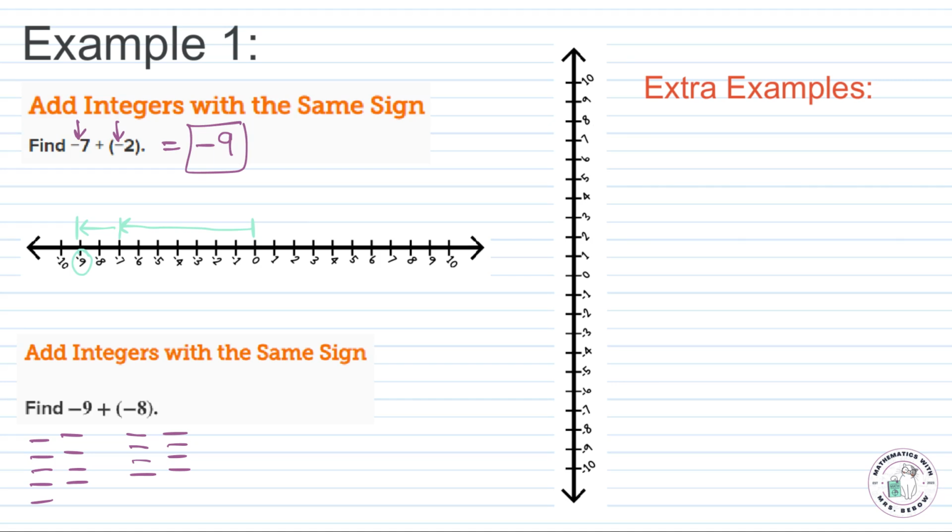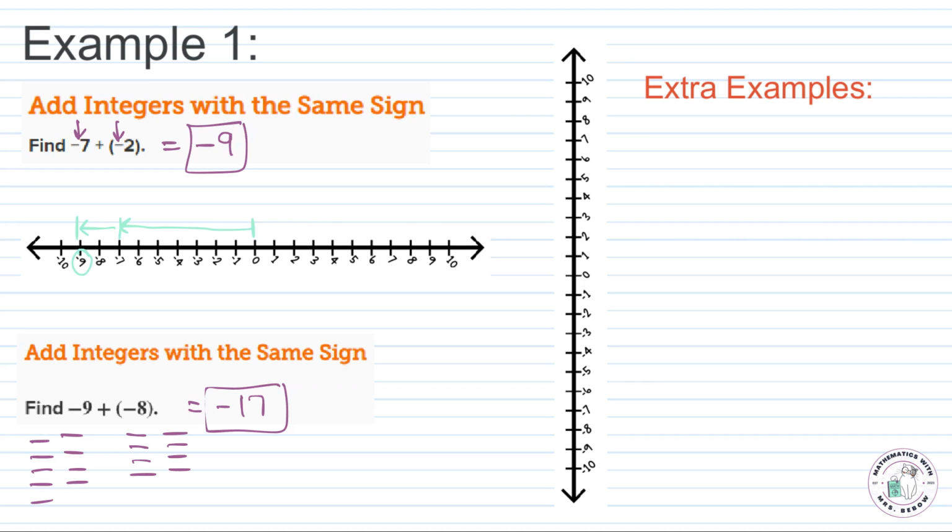Here we don't have anything, and so you can literally just go through and count how many negatives we have here. And in this case, we have 9 negatives plus 8 more negatives, which gives us a grand total of 17 negatives. So that's another way that you can think of it. So you can use a number line to help visualize what's going on. You can use these integer tiles to help you visualize what's happening. Or eventually, the goal is that you won't even need those visuals and that you can just do them without.